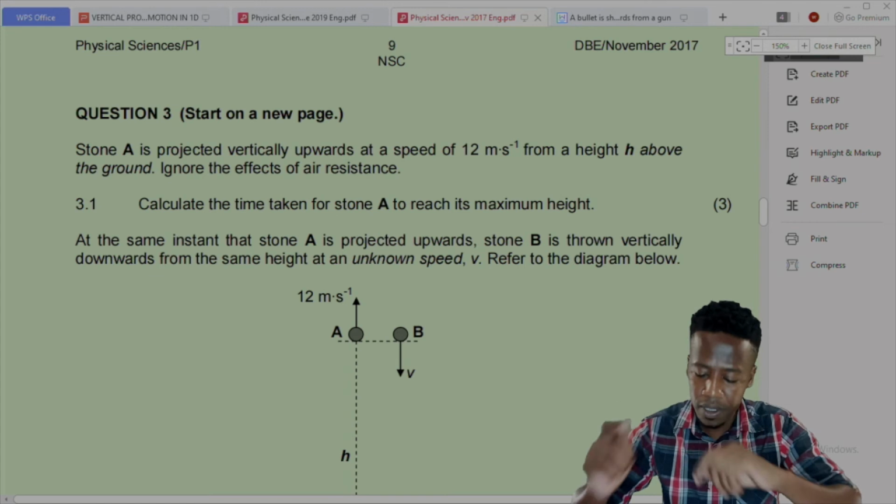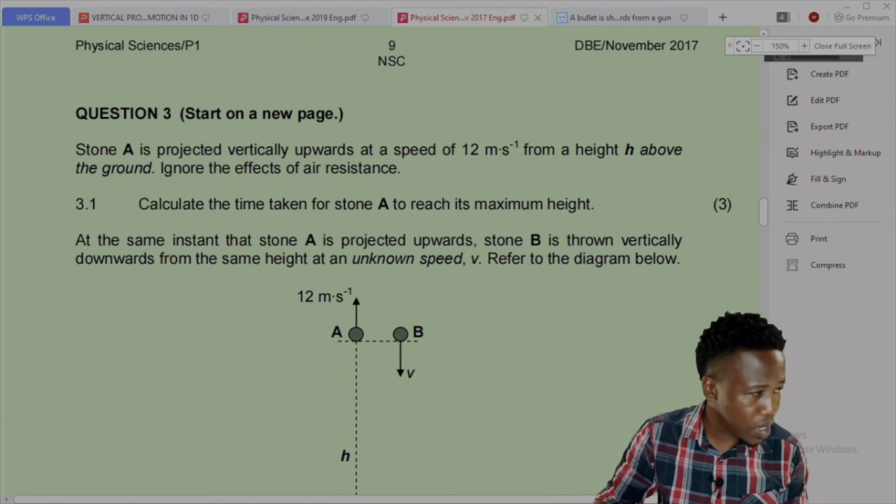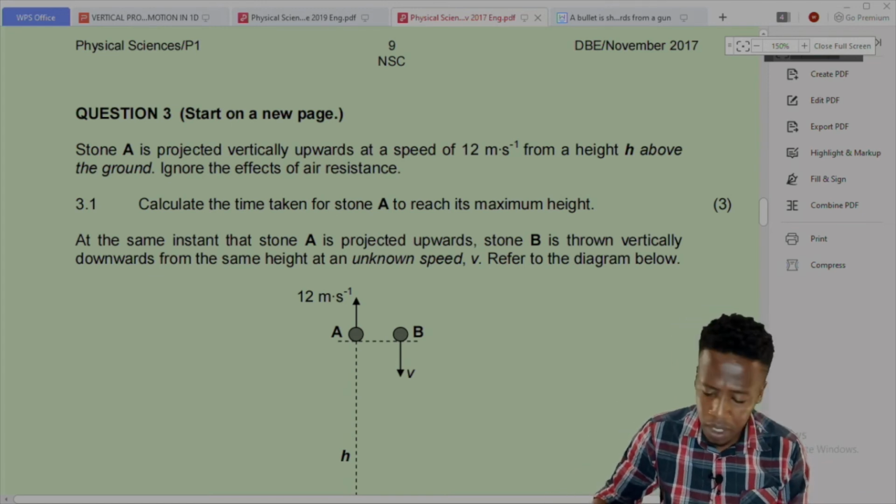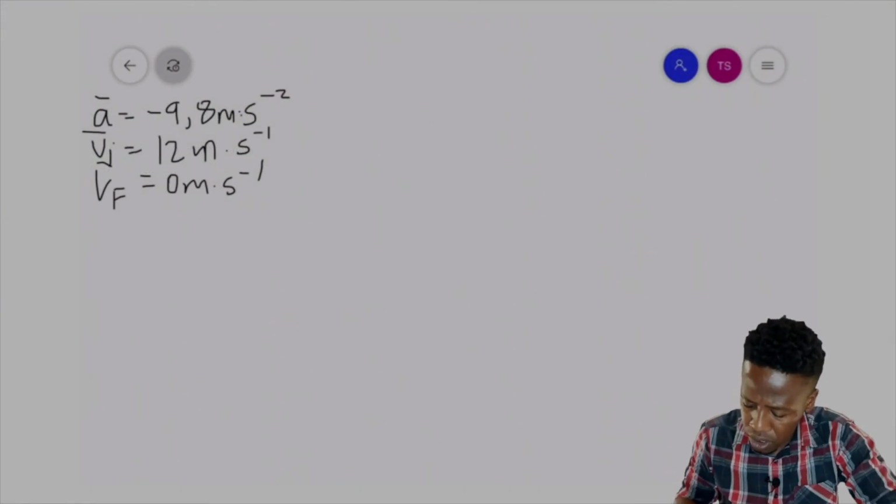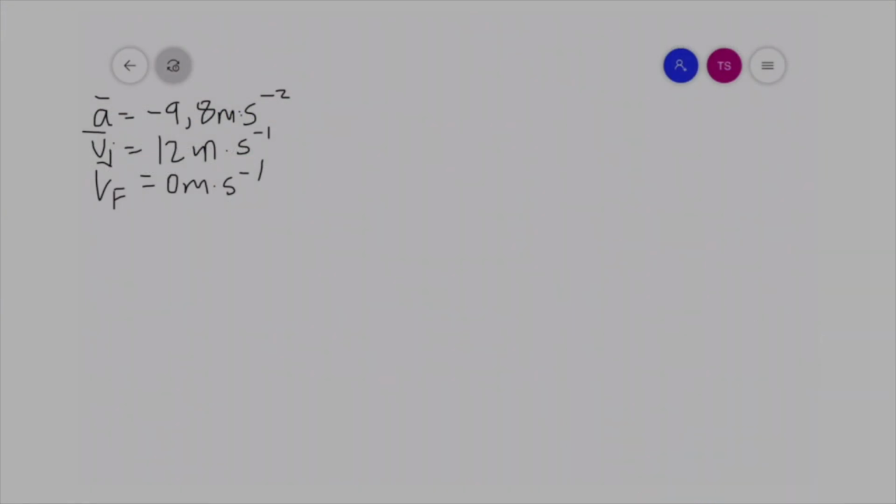Becomes 0, right? Hence we have our final velocity there. Now I'm going to choose V final equals V initial plus AT.